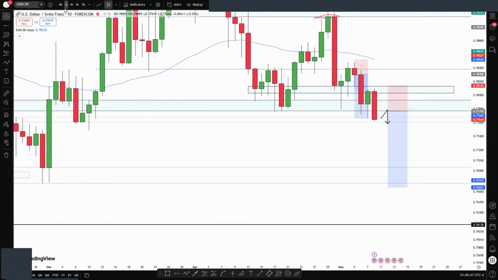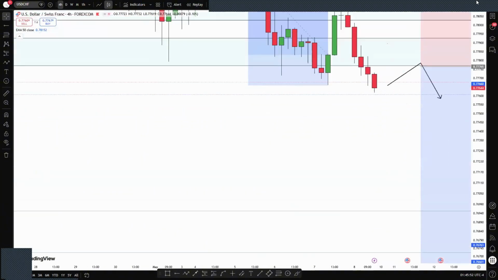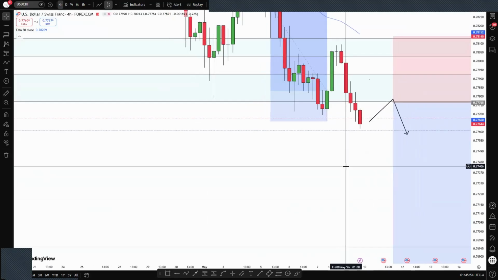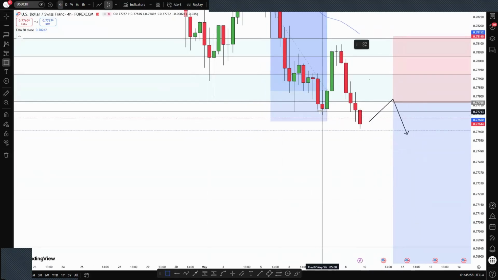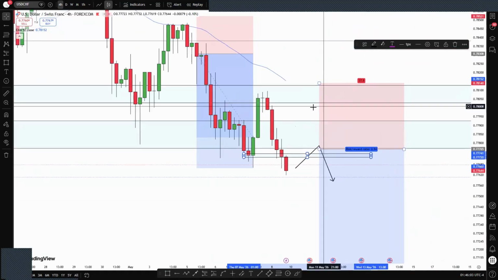And this would have been nice if it was during the week, but since it will be a new week, I really like to first wait, because sometimes price might... Let me show you something. This is where I expect to sell, right?